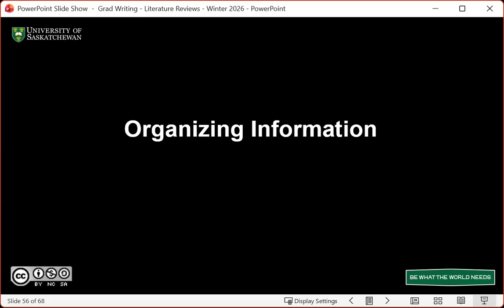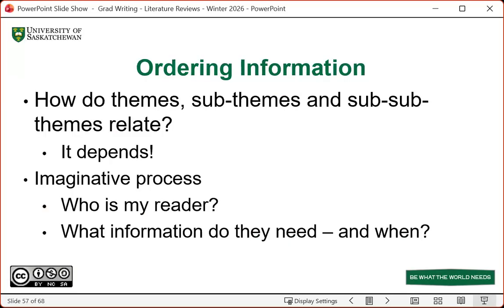Okay, so organizing information. We have about 9 minutes left. We have about 10 slides. We'll go through quickly. So when we're thinking about our literature review, we recognize that we're likely going to approach it from this thematic perspective. But how do all of those themes, sub-themes, and sub-sub-themes actually relate?